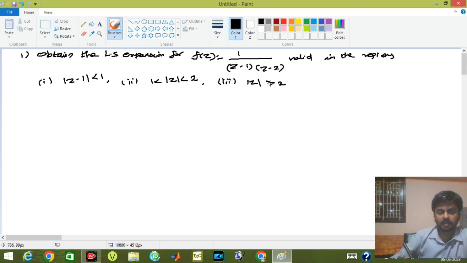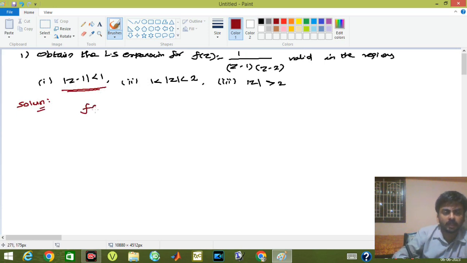So I am going to concentrate on this particular case. Solution: what they have given, f of z equal to 1 divided by z minus 1 into z minus 2.